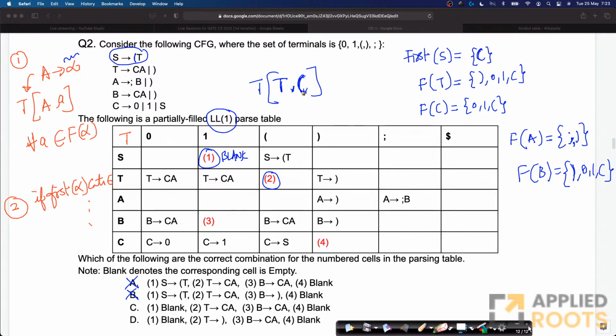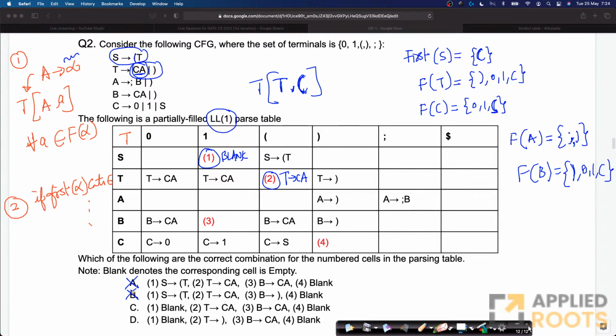T generates this or this is closed parenthesis, so that's already taken care of here. So T generates CA. What is the first of CA? First of CA is first of C. What is first of C? First of C contains this open parenthesis, which means T generates CA has to be there in this entry.